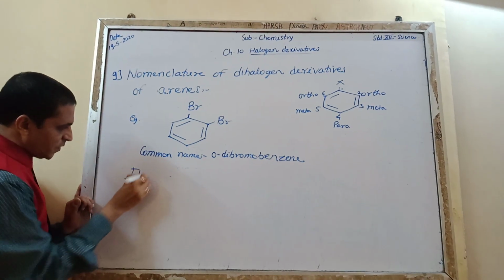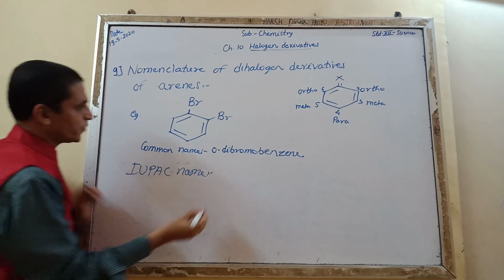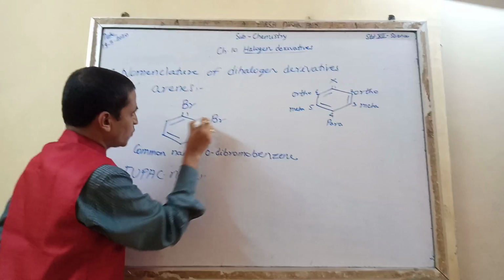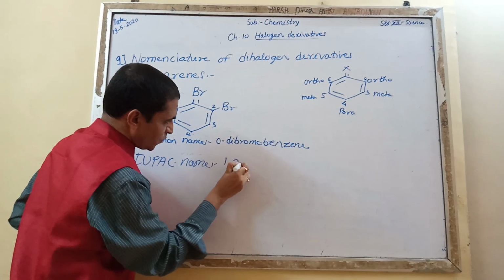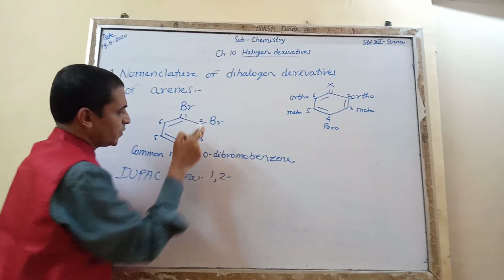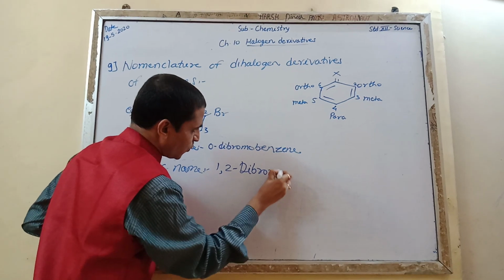And the IUPAC name is very easy. You can take 1, 2, 3, 4, 5, 6. 1, 2, because at the first position and second position, Br is there. You get 1,2-dibromobenzene.